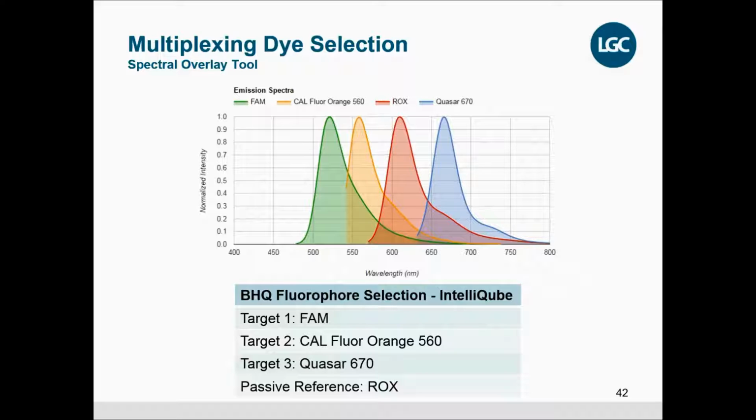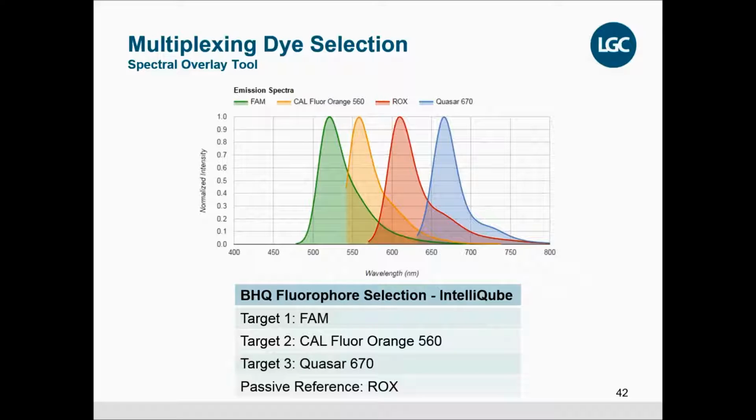And like we mentioned before, we start in singleplex and we add assays sequentially in order to see how performance is impacted. Our goal when multiplexing is to maintain performance as far as sensitivity, efficiency, and similar Cq values. So when I start multiplexing, I want to make sure that I'm getting the same Cq values if I'm running the exact same samples.